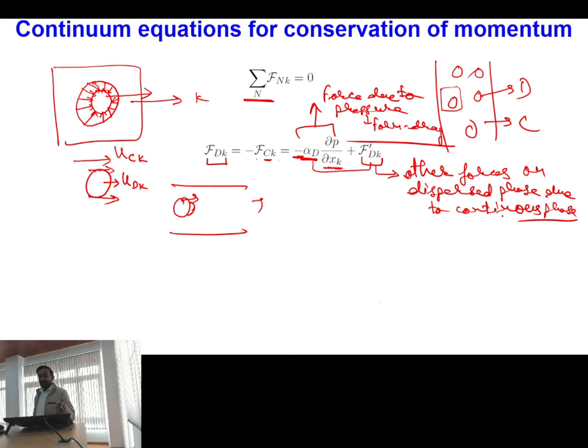Whenever we analyze such particles, we consider whether our flow is potential flow, at high Reynolds number, or at low Reynolds number like a Stokes flow situation. So for different situations, the nature of these F dash dk forces will be different. Is this point clear? Are all clear with this idea?